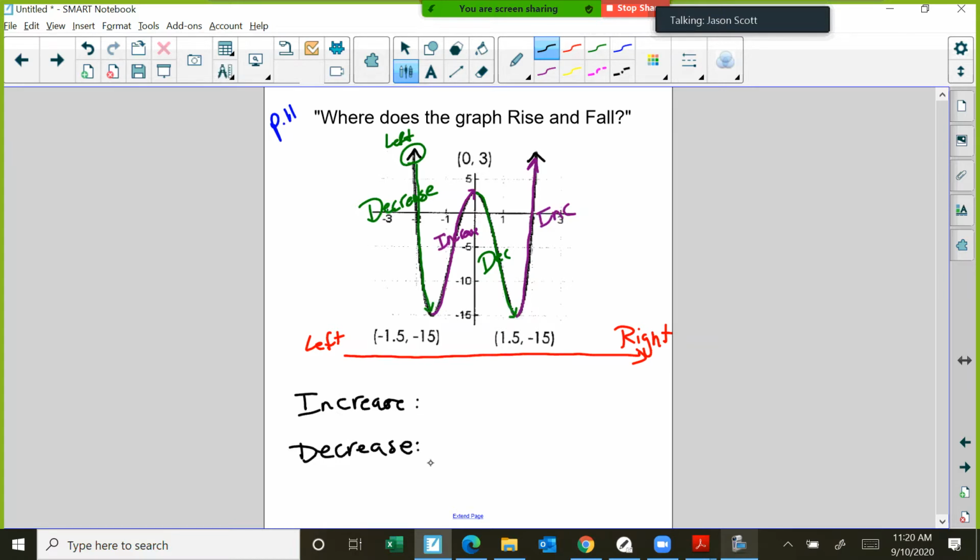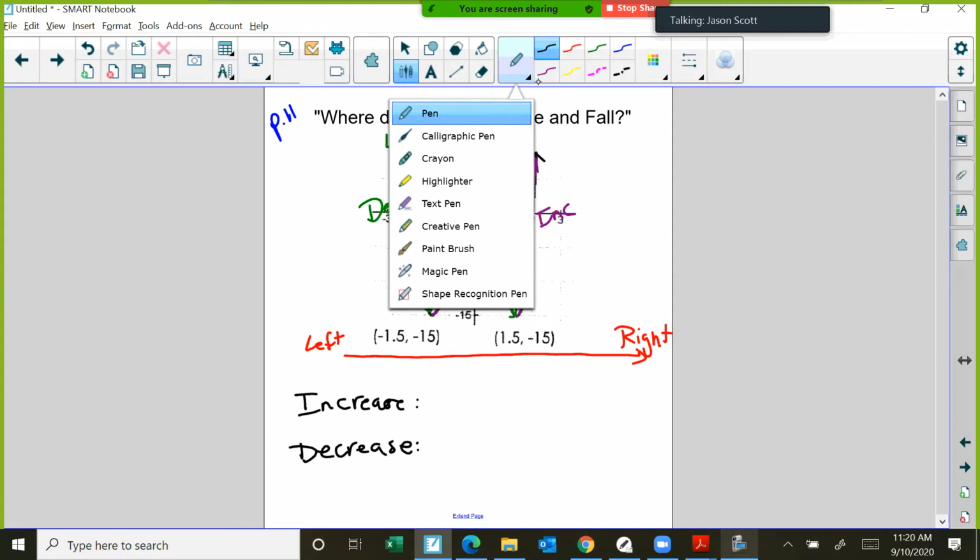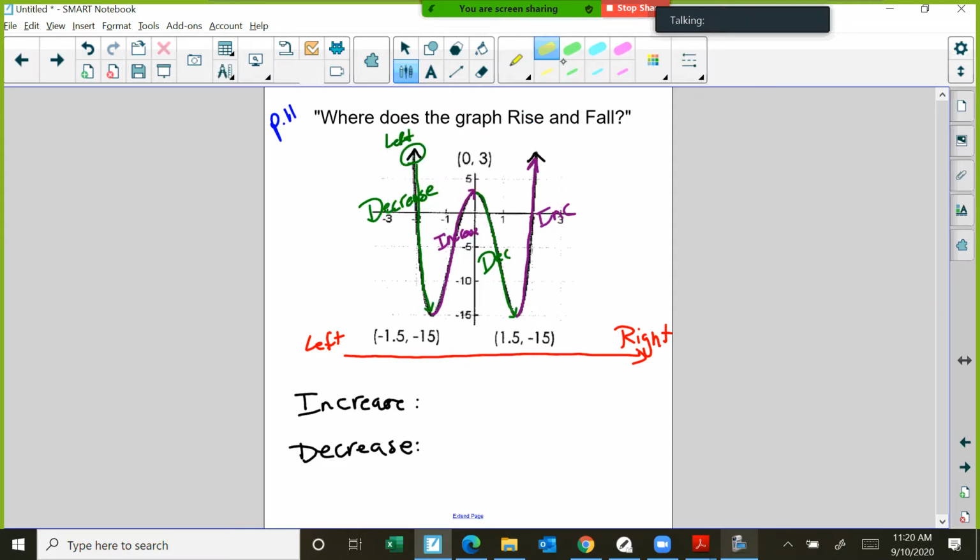The first interval that we encountered was a decreasing interval right here. So we read it from the left to the right. The far left of this highlighted green decreasing section is right here, and it's coming from negative infinity. Remember, you're coming from the left-hand side, not up here.